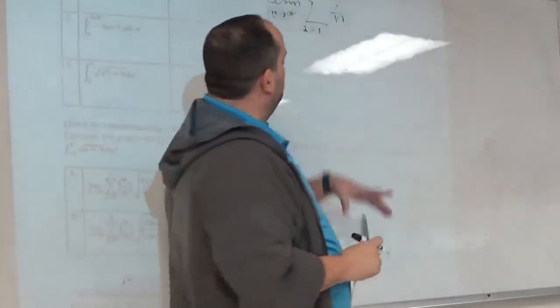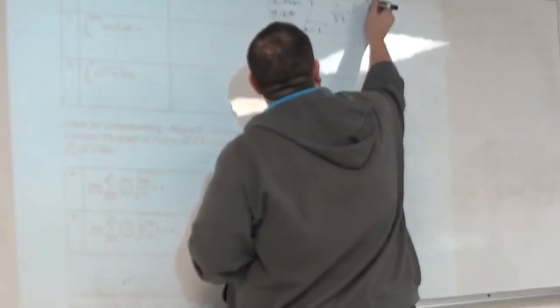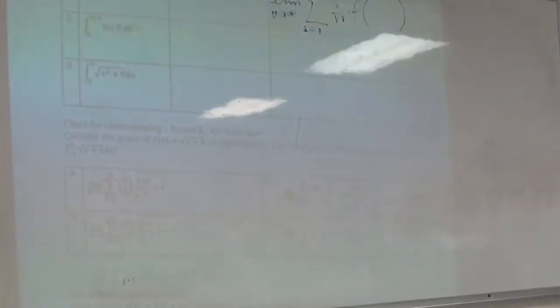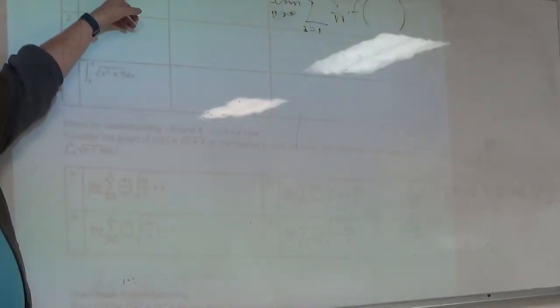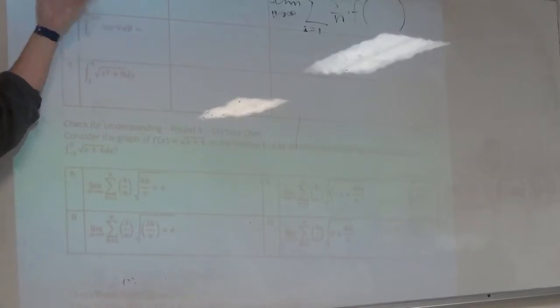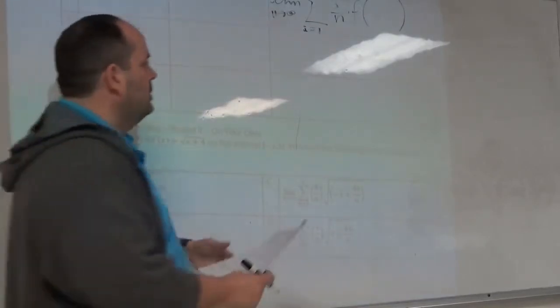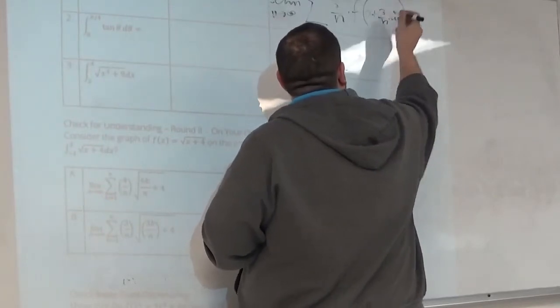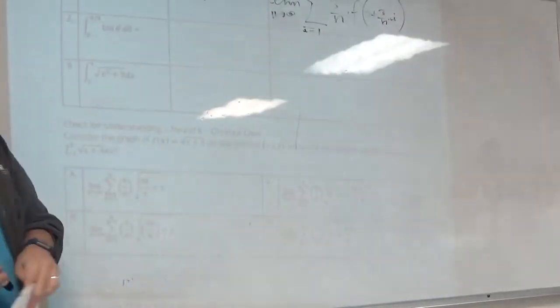That's the width. The height gets determined by f of stuff. The stuff, where do you start? In this case, you start at 0. So 0 plus the width, which is 3 over n times i.